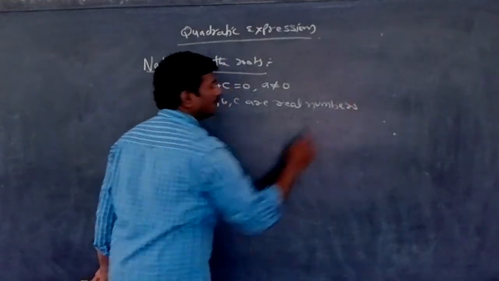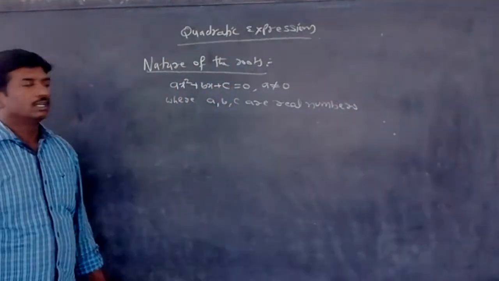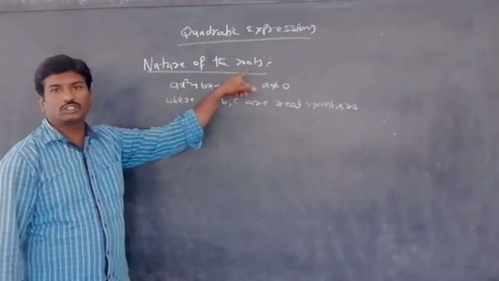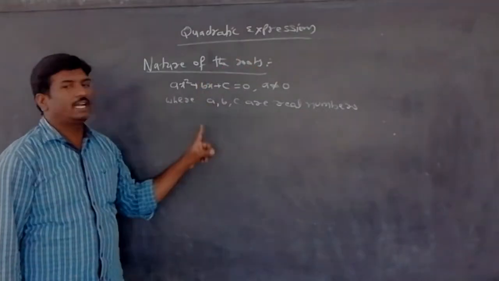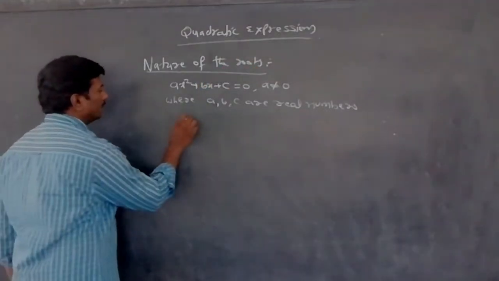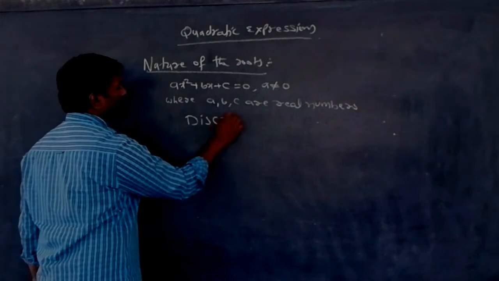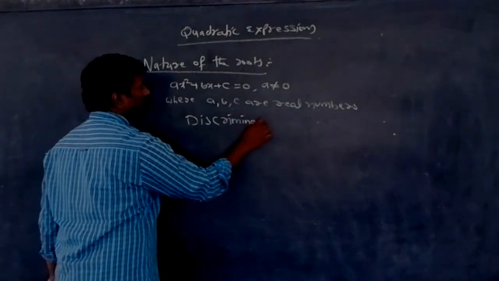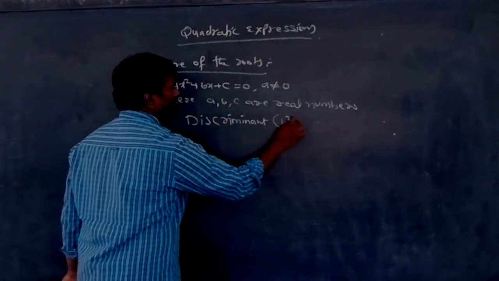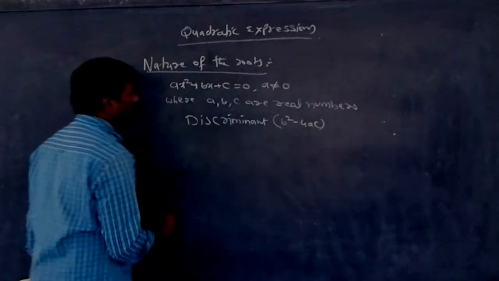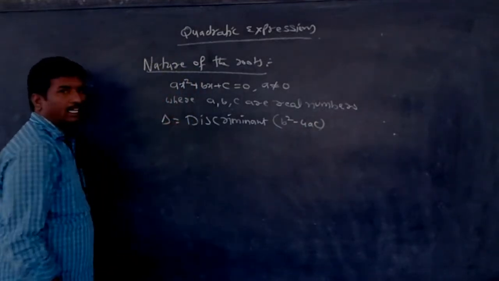The nature of the roots depends on the discriminant. So what is called the discriminant? b² − 4ac. It is represented with the delta.